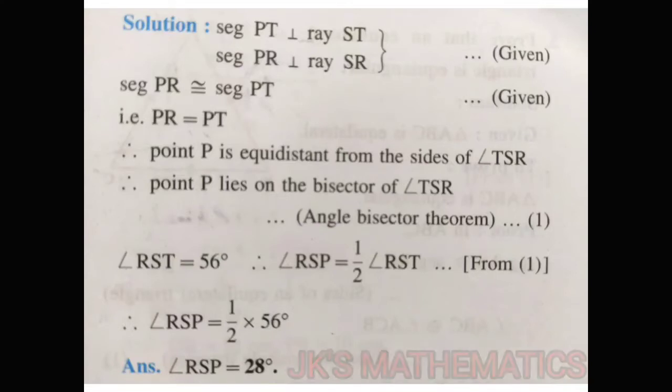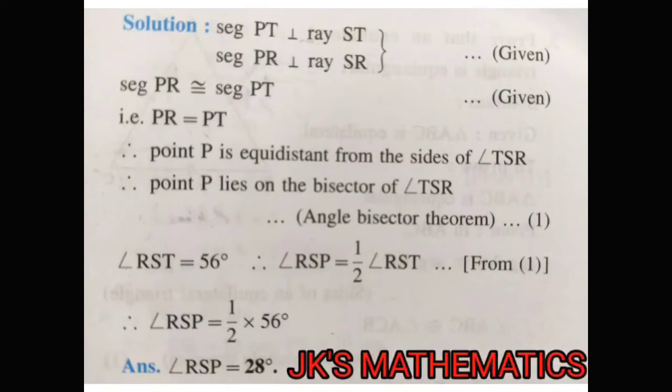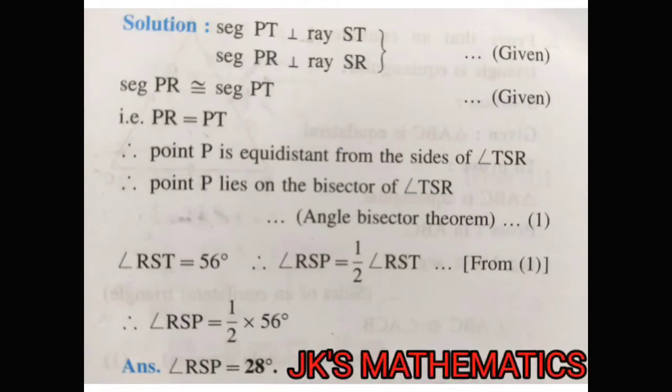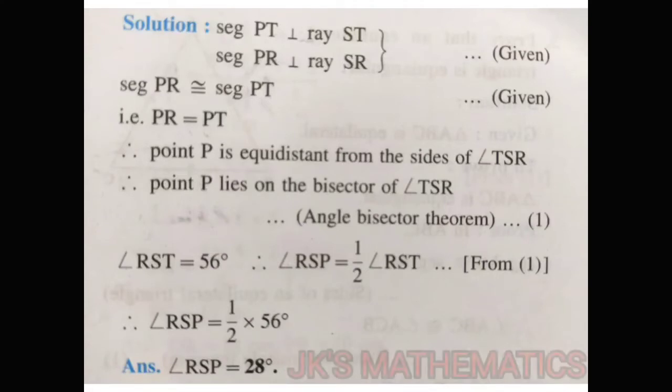Hence, point P lies on the angle bisector, but the original angle RST is given as 56. So angle RSP is half of angle RST. Half of 56 is 28. Hence, the measure of angle RSP is 28, friends.